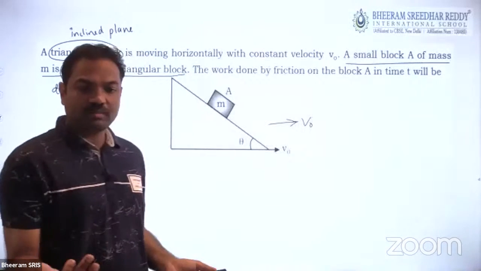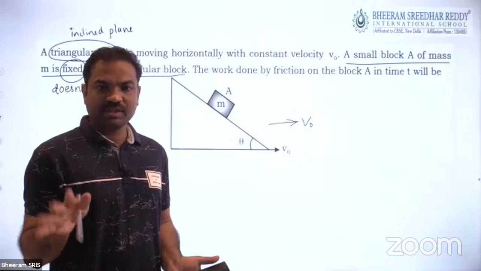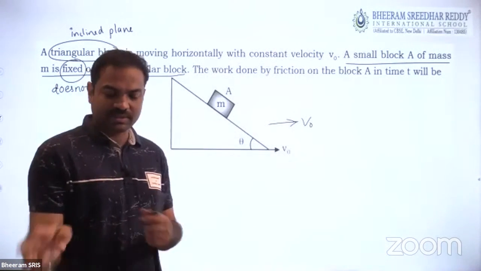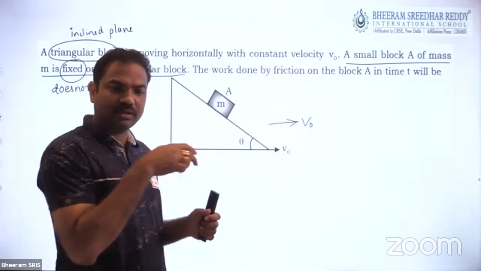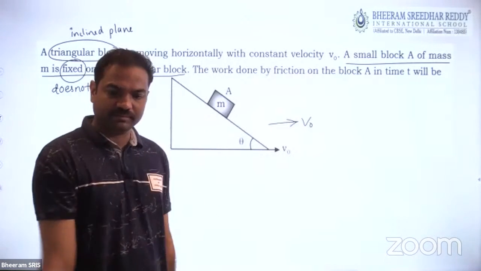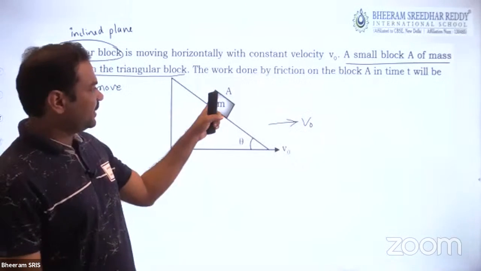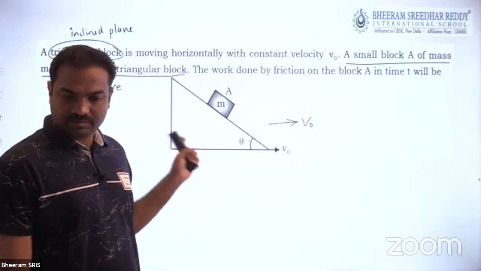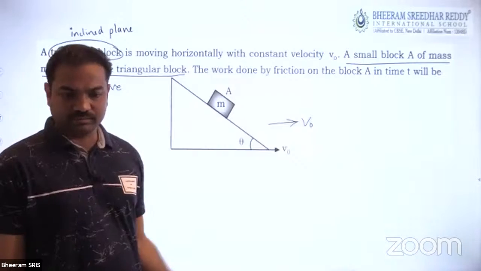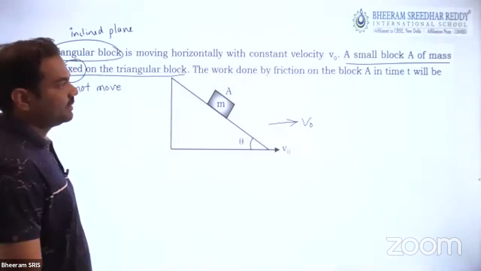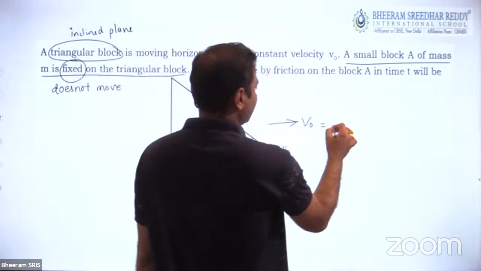It's something like you are not moving inside the bus, just sitting inside the bus. The bus is moving, which means you are also moving. Imagine you are sitting inside the bus. The bus is moving, you also will move. So it is moving with V naught constant velocity.